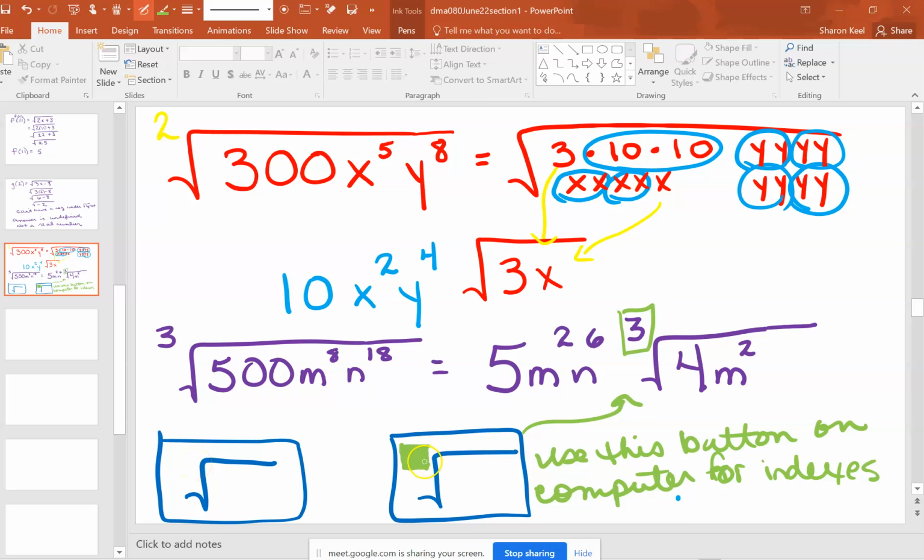But if it's ever an index that's written, you would need to use that one. Okay, so that's just a little extra piece that's not covered in this first section, but it will be coming up as you start venturing your way forward. The workbook, the viewing examples do not show you this method, but I like to show it to you because I feel like it's easy and simple. Okay?